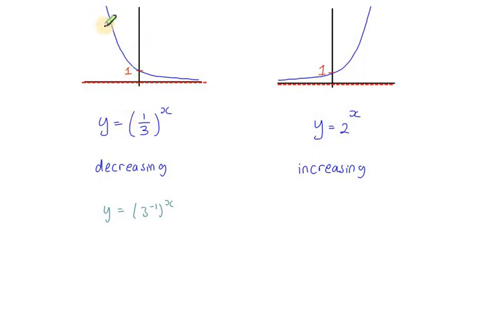For a decay curve, if the base is between 0 and 1, like 1/3 here, I could write 1/3 as 3 to the power of minus 1, and then expanding the brackets, we get y equals 3 to the power of minus x, because we're multiplying the powers together. So a negative value here also indicates that you could possibly have a decay curve.